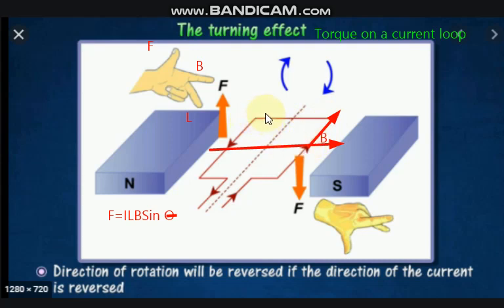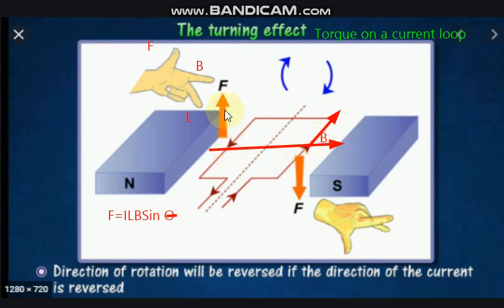So that is why there will be no force acting on these two sides which are placed parallel to the magnetic field B. The angle between L and B for these two segments is 0, so sine of 0 gives you 0, and the force will be 0, or there will be no magnetic force acting on these two sides, but the magnetic force acting on these sides will be maximum, because theta is 90 degrees between L and B for these two sides.